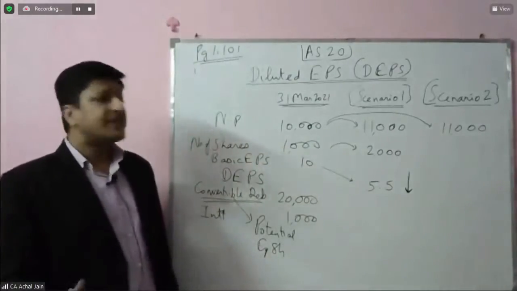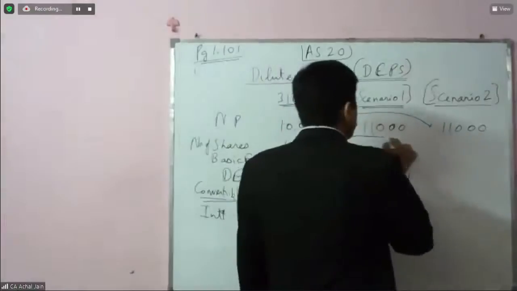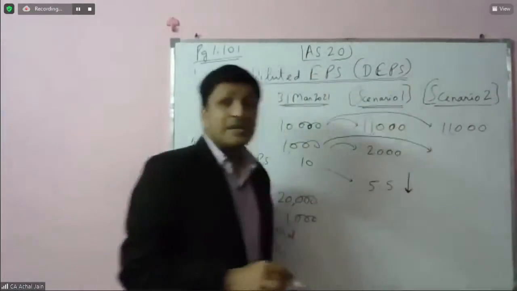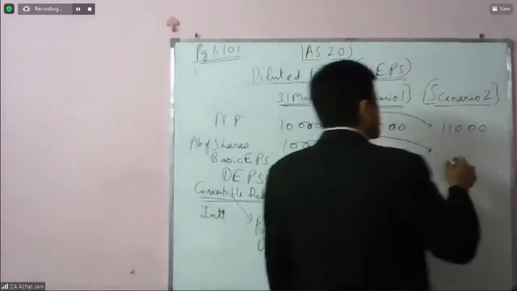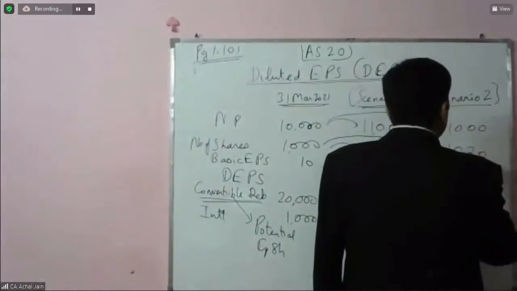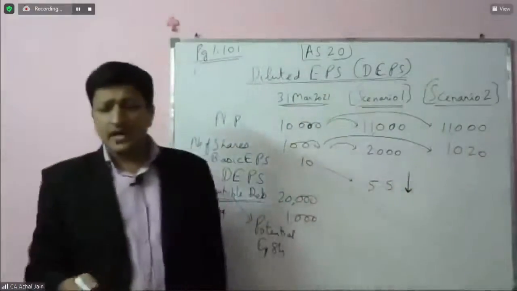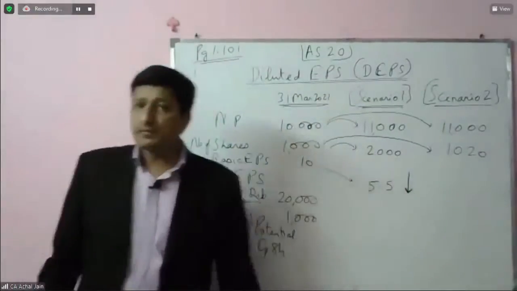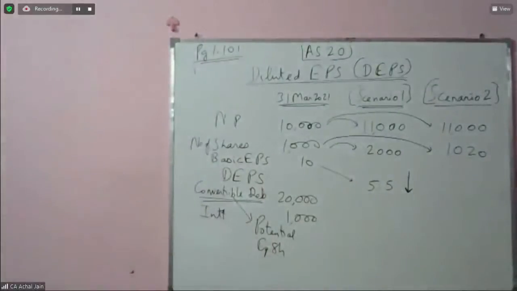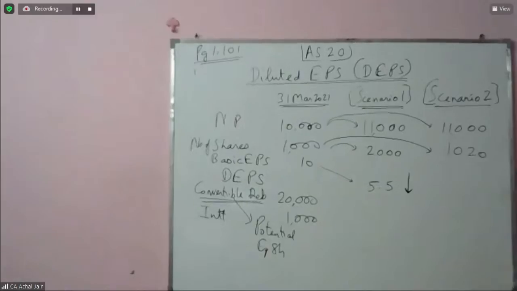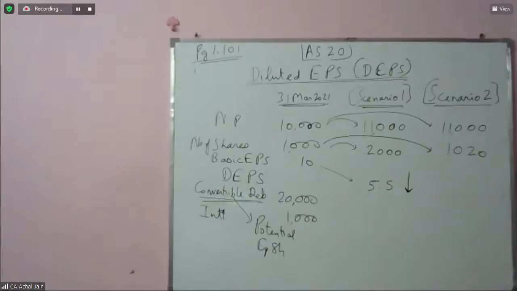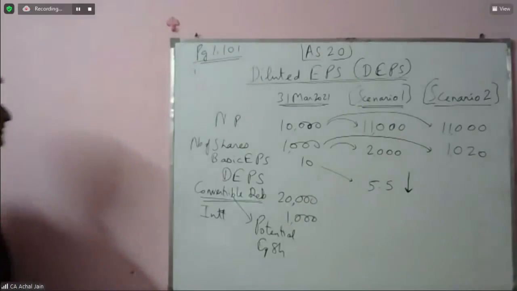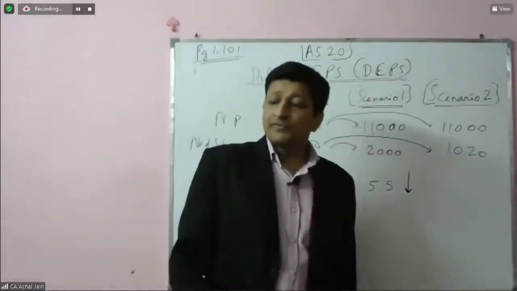Instead of 1,000, what will they get? 20. So now this 1,000 plus 20 will become 1,020. So can you tell me what will be the EPS now? 11,000 divided by 1,020. What will be the EPS now?